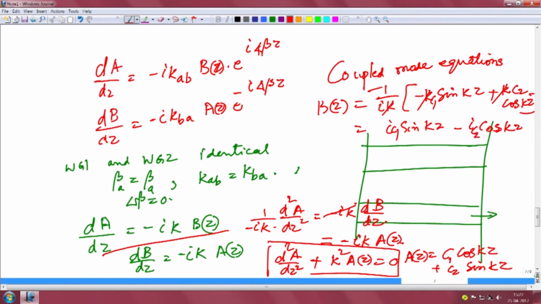When we apply the initial conditions, we can eliminate and get what are these A and B.